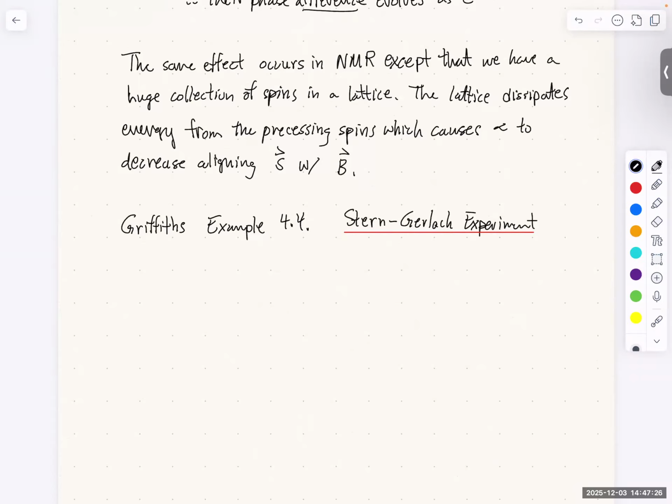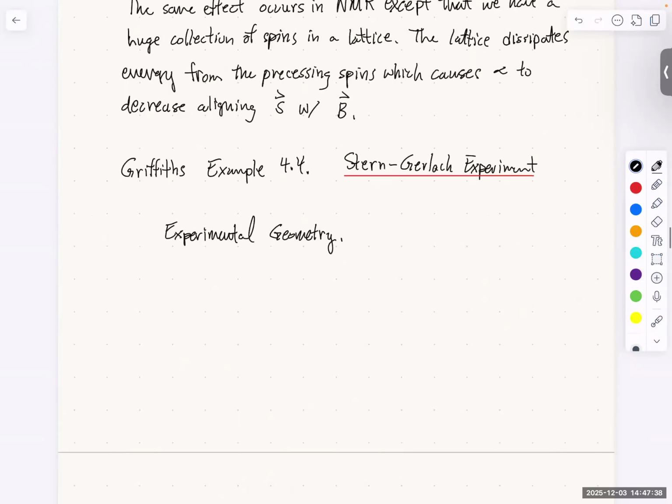All right. So I'm first going to draw the experimental geometry. What we're going to imagine is a beam of spin 1/2 particles. And we're going to make them neutral, so they're not going to be electrons.